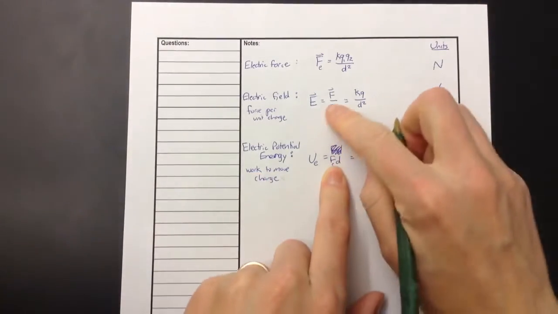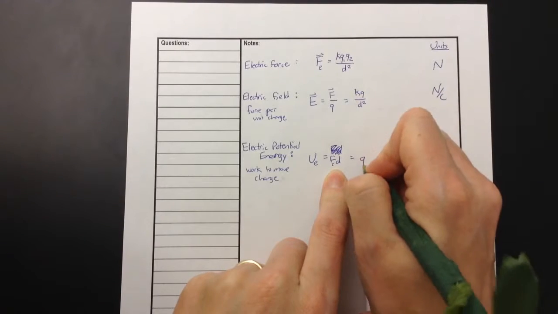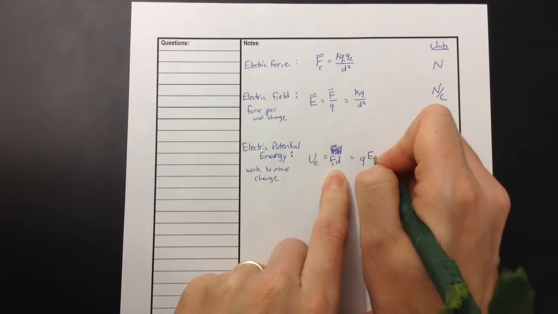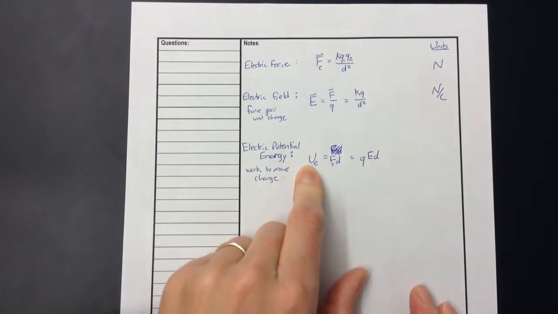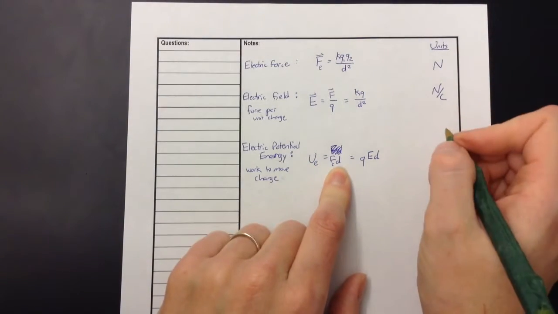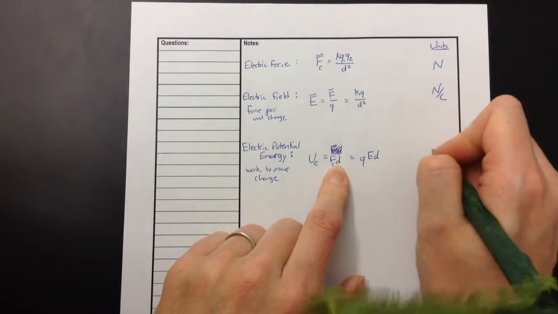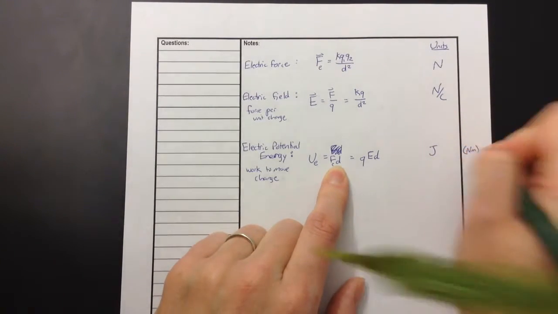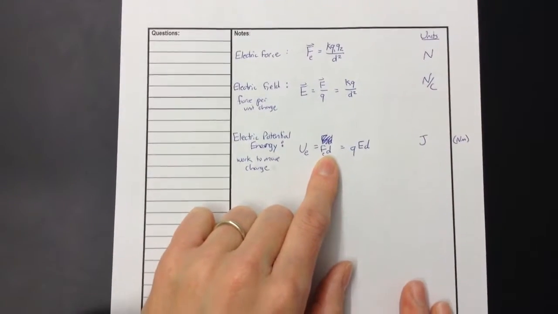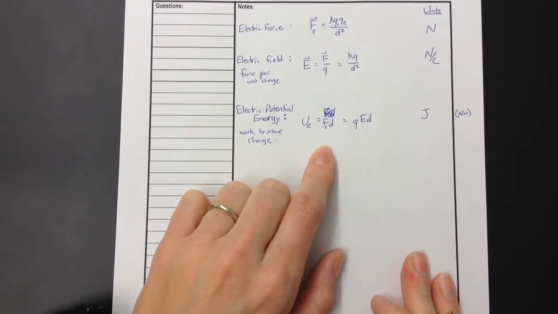If we combine these, another way to write this down is Q times the electric field times the distance. I know that's a nightmare, QED. And force times a distance is always a joule, which is a newton meter. Okay, so there we are with the electric potential energy.